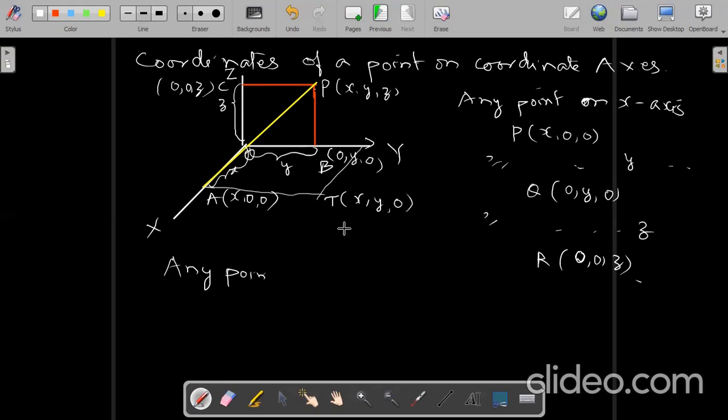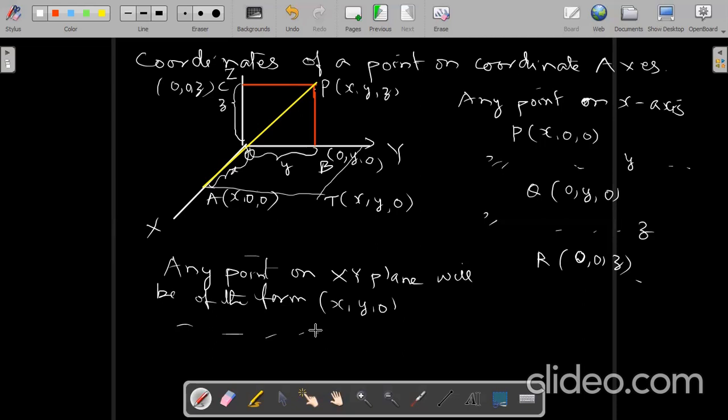So on the xy plane, any point will be of the form x, y, 0. It will have the values of x and y but not the value of z.